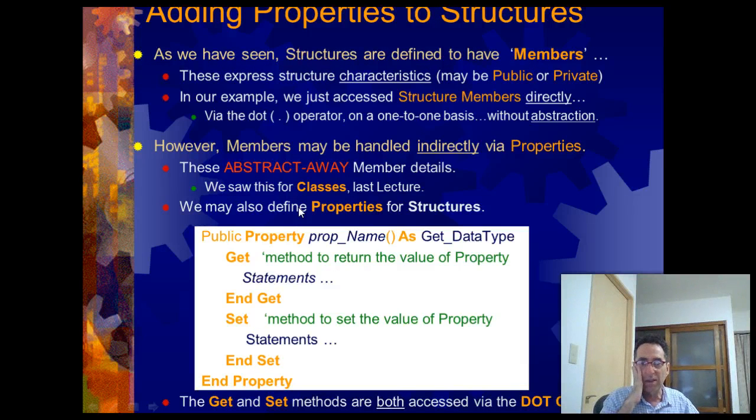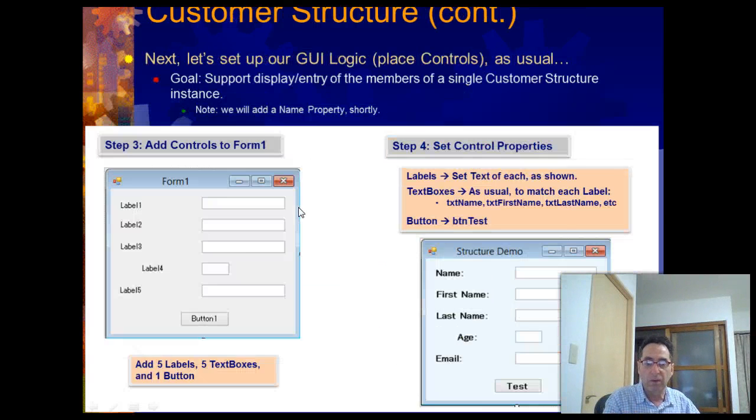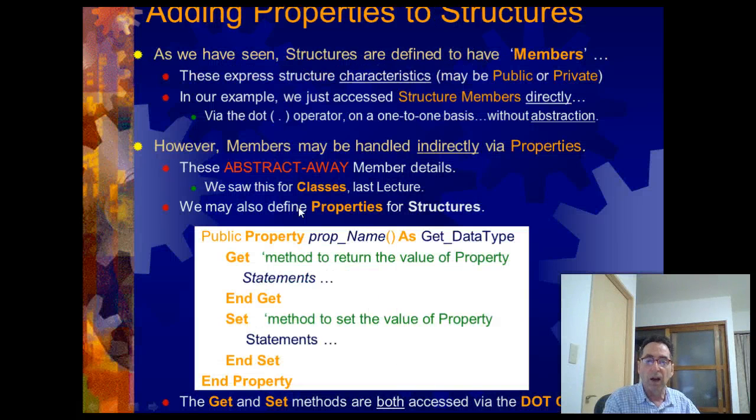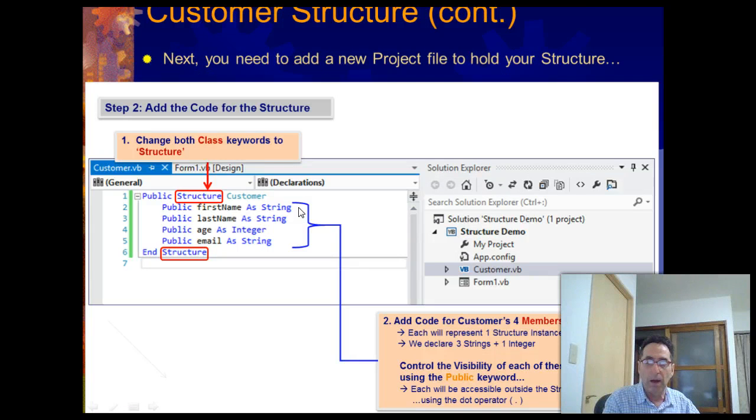And these express the structure characteristics, right? So the characteristics of our particular structure, which is customer. So our customer has a first name and a last name and an age and an email. Those are characteristics of a customer. So these express structure characteristics, and they may be public or private. Here we chose to make them all public.